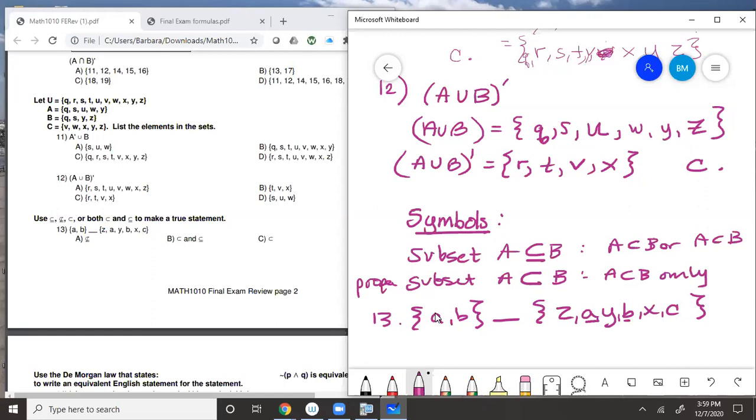Yes. So it's both proper and subset. Remember, a subset means that it's either contained in the set or it's equal to the set. It does satisfy that requirement that it's contained in the other set. So it's both a proper and a regular subset.